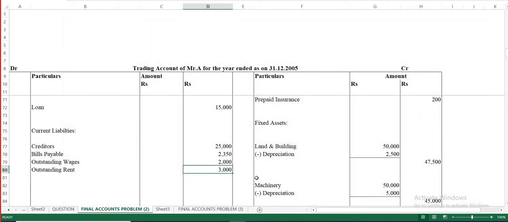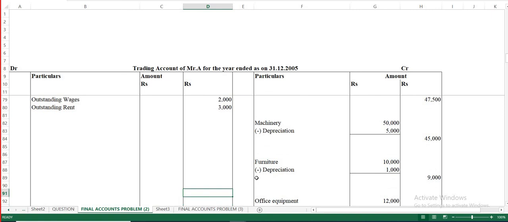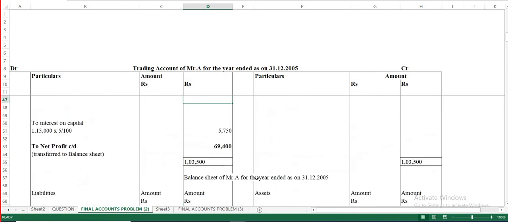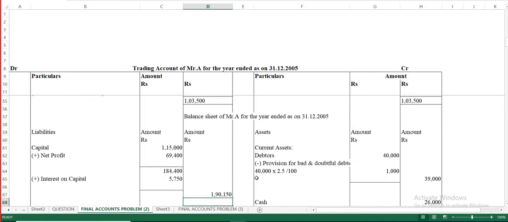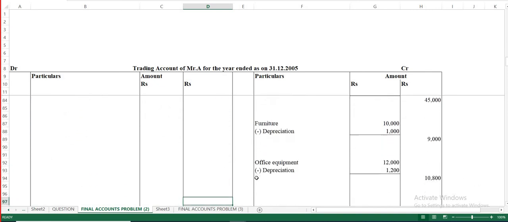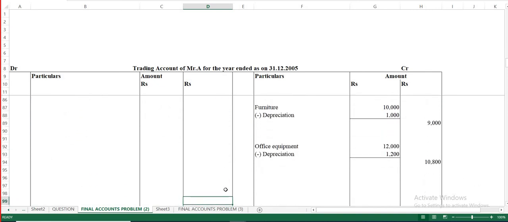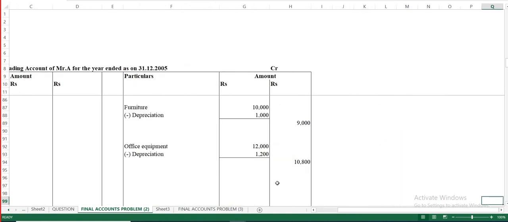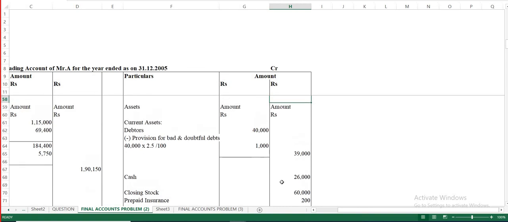So we can check whether the balance sheet is getting tallied. The heading is balance sheet, with the liability side and your asset side. We have brought everything. You just total your assets and the liability side. Let us first calculate the asset side.